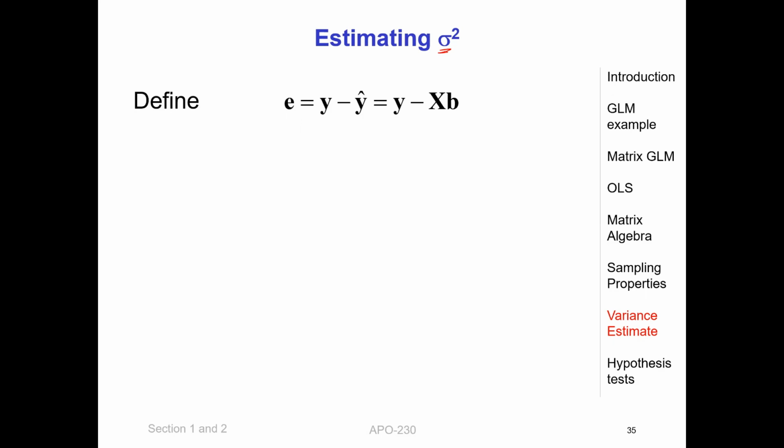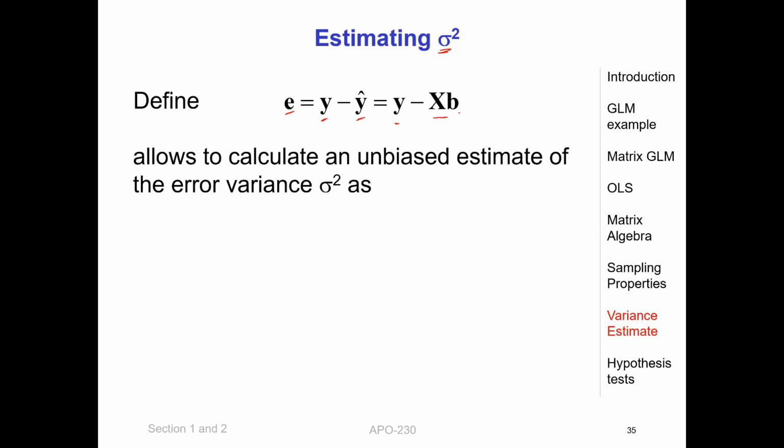So we can denote it as e and define it as the difference between the true value of the dependent variable, which you have the moment you open your data set, minus the estimated y. Usually the estimated value is denoted with this hat. And then it equals y minus X times b.